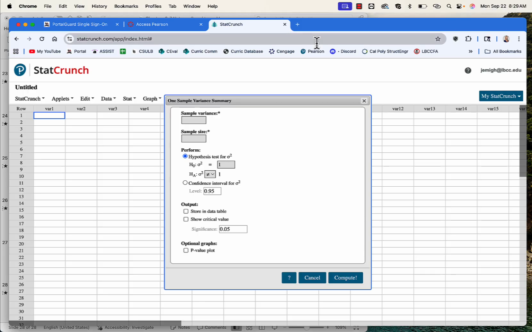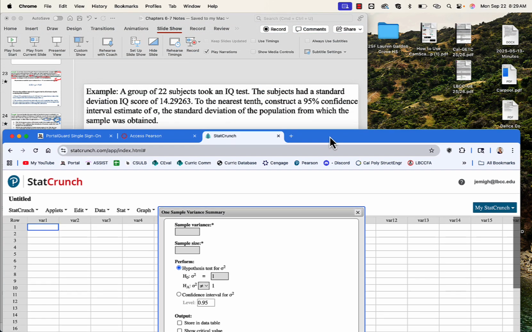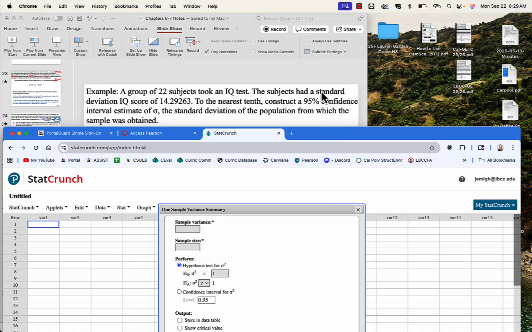The sample variance, okay, this is interesting. They didn't give us the sample variance, they gave us the sample standard deviation, 14.29263. No problem. If given the standard deviation and the program needs the variance, we can just use any calculator, and we need to square the 14.29263.